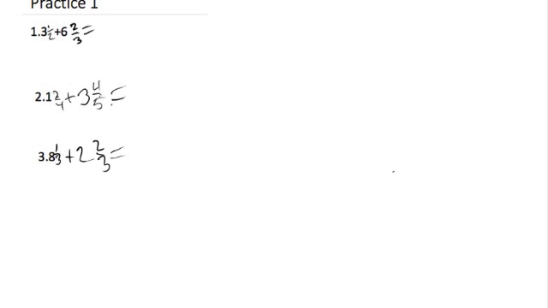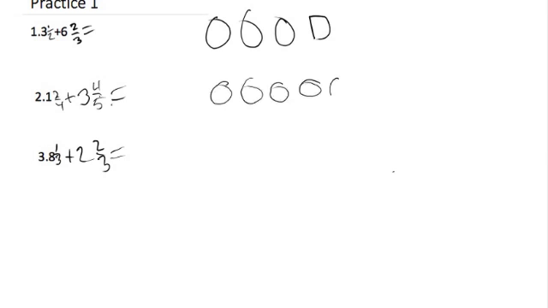Let's do the model with circles. It's just 1, 2, 3, and then 1/2 of a circle. That's half a circle. Plus 6 circles, 4, 5, 6, and 2/3.